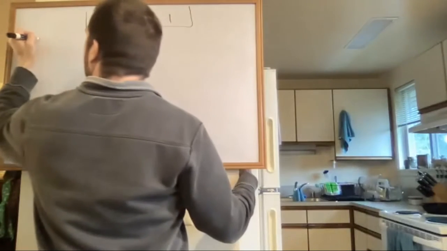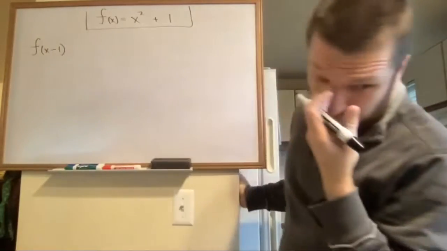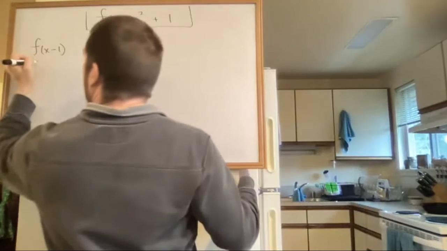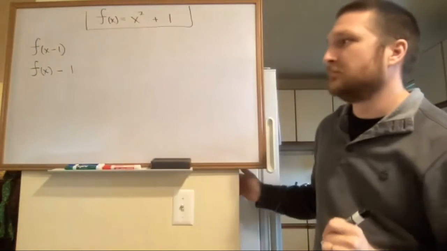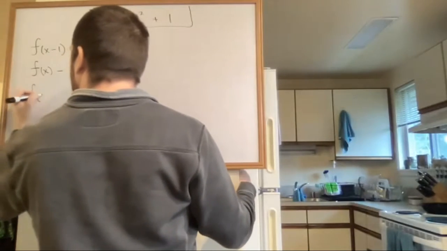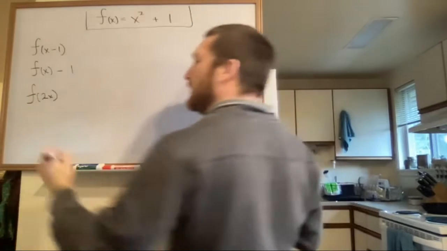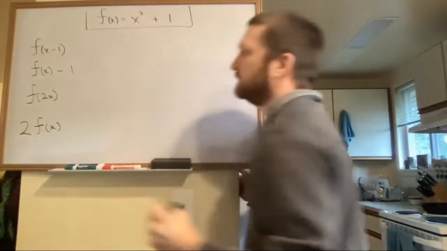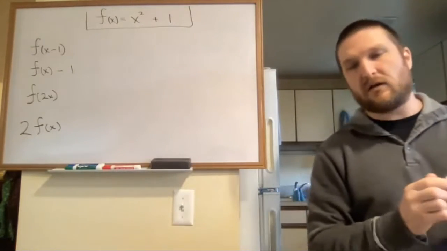Write down what is f of x minus 1, f of 2x, finally, 2 f of x. Okay, so I'll give you a minute. Let me know when you have all of those written down.